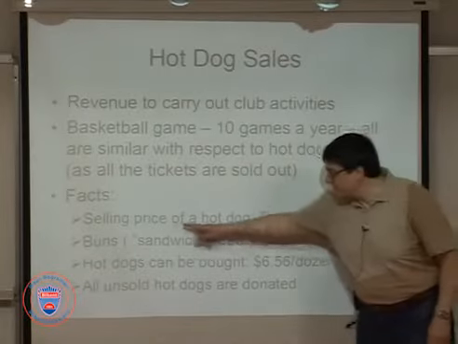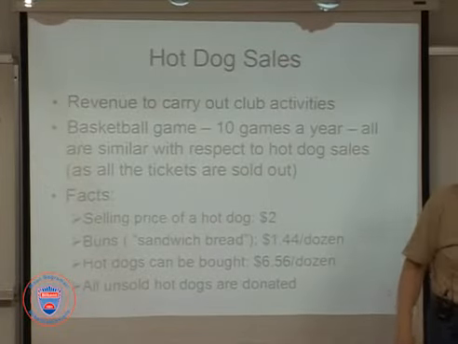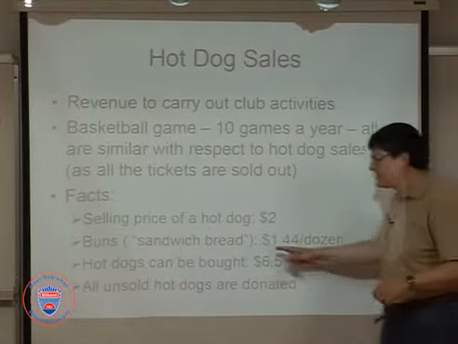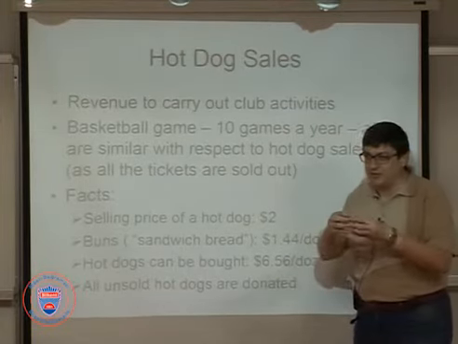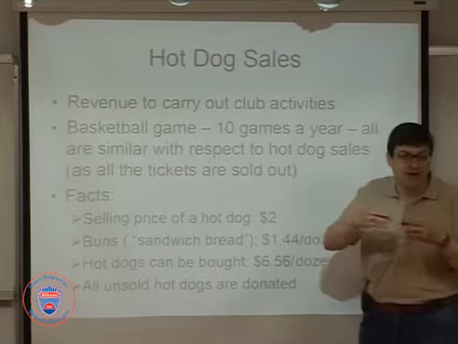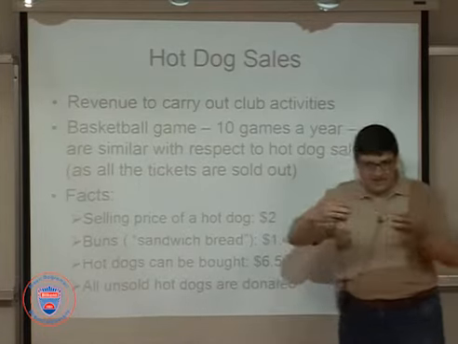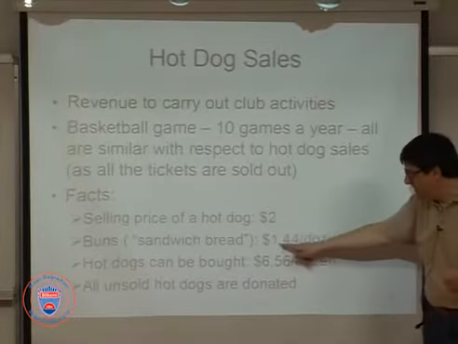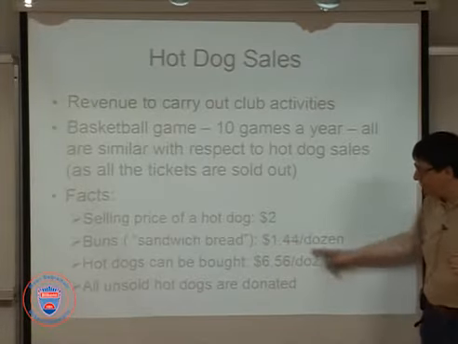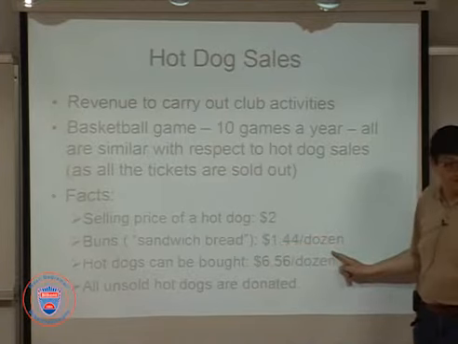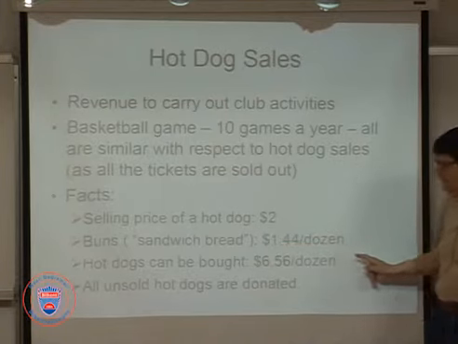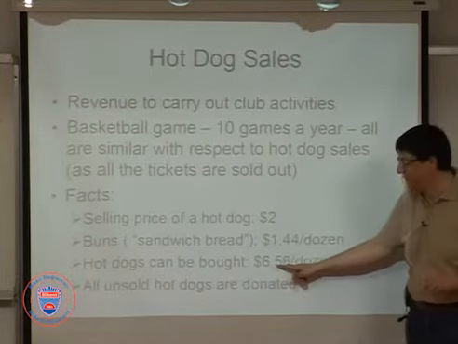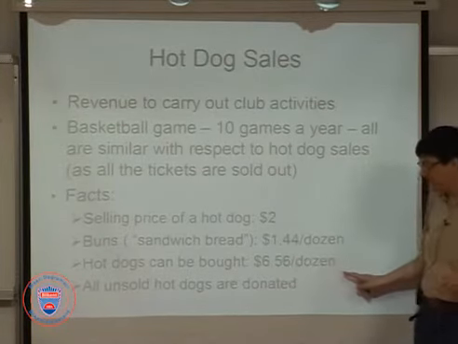Now, we know that the selling price of a hot dog is $2. Okay? Buns, which is the specific name given to the sandwich bread of hot dogs, it's basically a sandwich bread where you place the hot dog inside, you can buy at $1.44 per dozen. Okay, so it's not very expensive. And hot dogs can be bought at $6.56 per dozen.